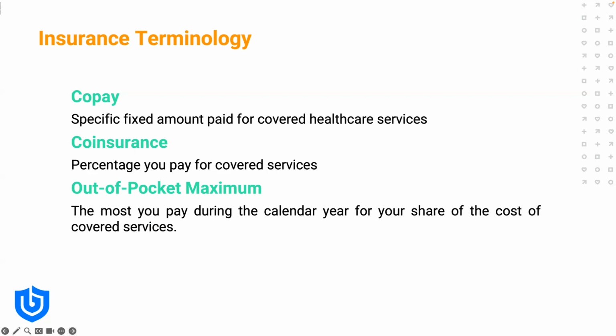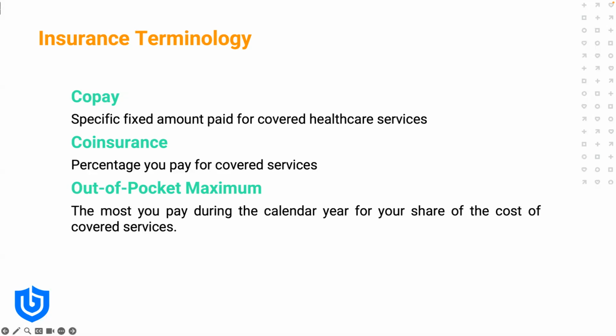For example, if you see your coinsurance as 20%, that means the carrier is covering the remaining 80%. And if the member receives services from an out-of-network doctor and the plan has out-of-network coverage, the member may be responsible for additional charges above the in-network coinsurance amount. Typically, the out-of-network coinsurance percentage is much higher than the in-network coinsurance.